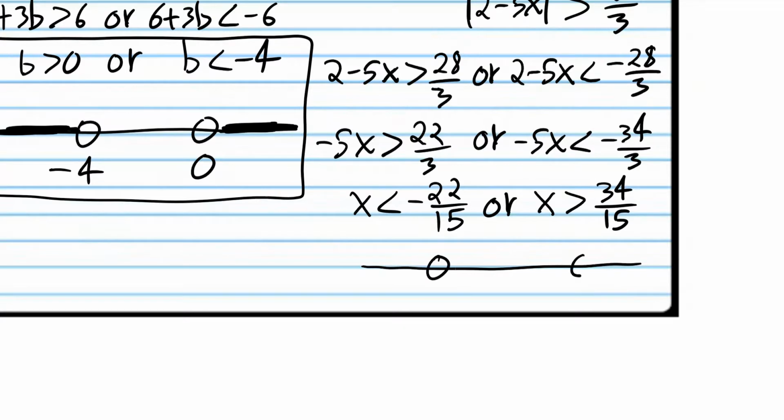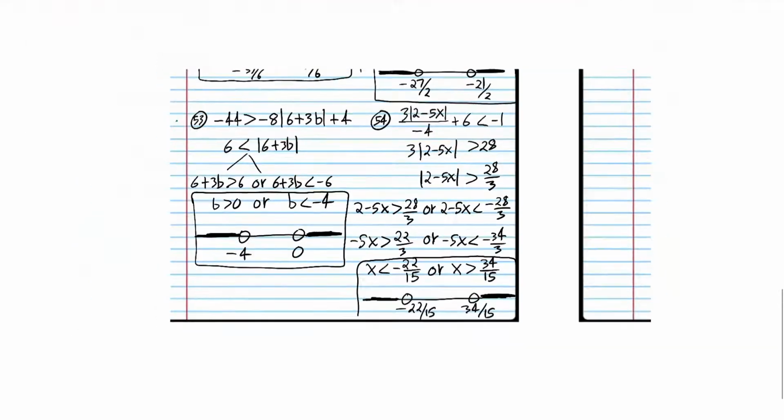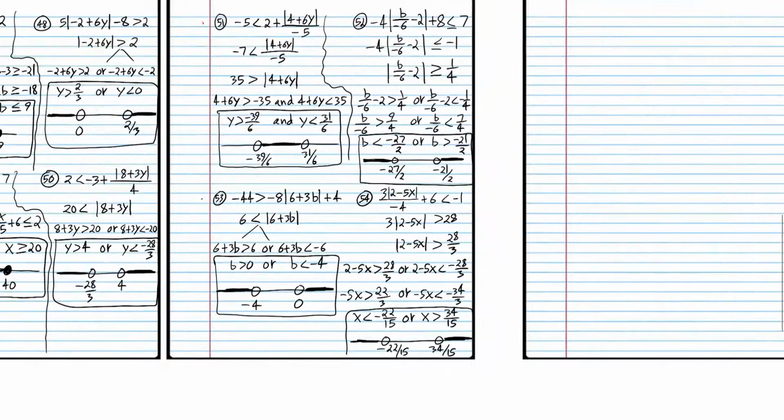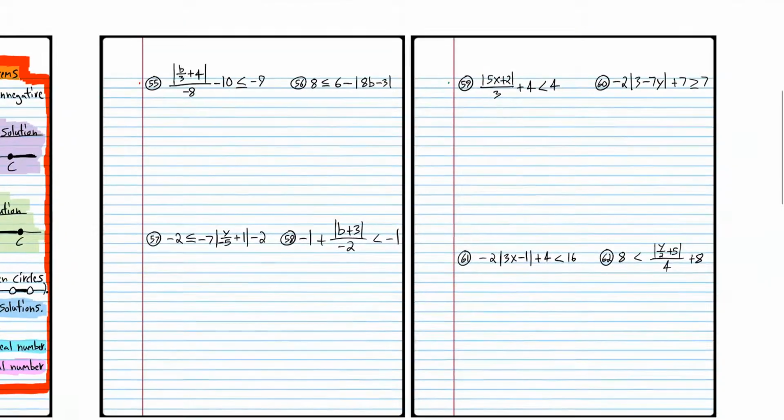We have open circles again, and x is greater than 34 over 15 or less than negative 22 over 15. So I know we had some fractions there, but you're just going to have to deal with fractions sometimes. I wish I could avoid those altogether, but we just can't.